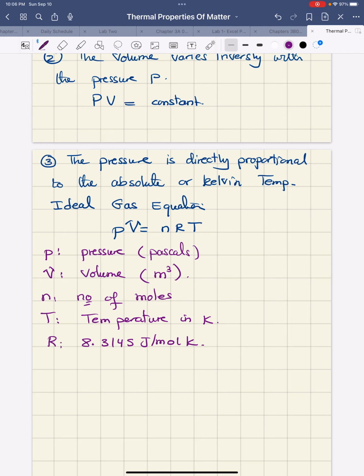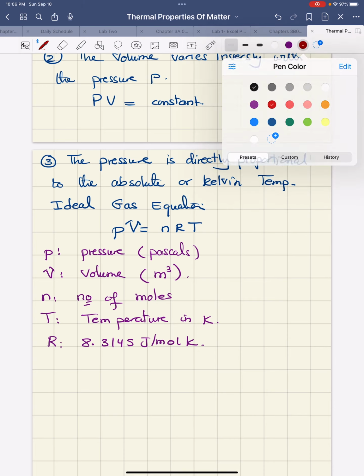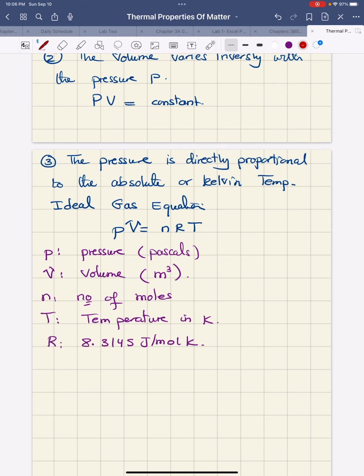Now there is another set of units that we use, when we have pressure in atmospheres and volume in liters.